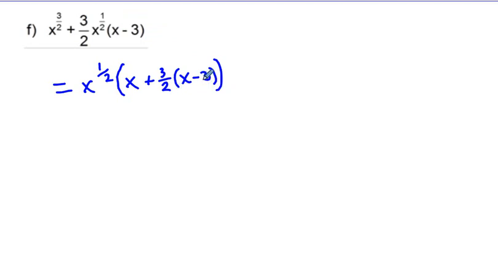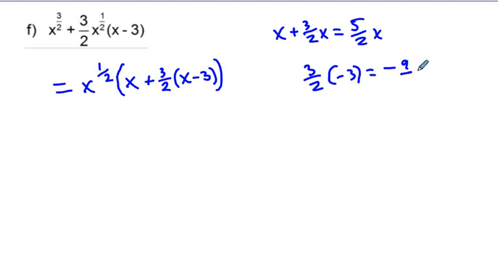And then we could simplify what's inside of here. x plus 3/2 x equals 5/2 x. And then we're going to have this 3/2 times -3, which is going to be -9/2.